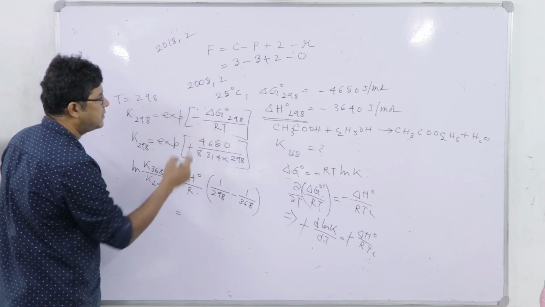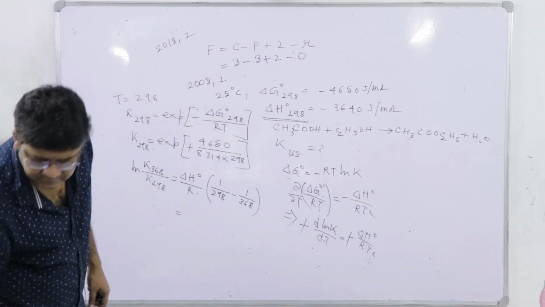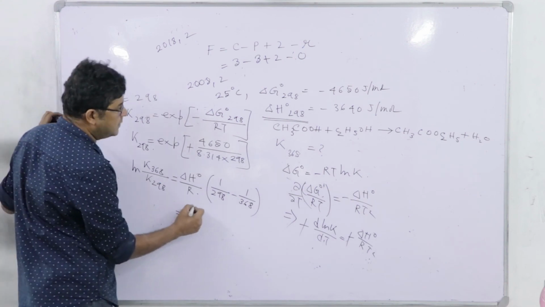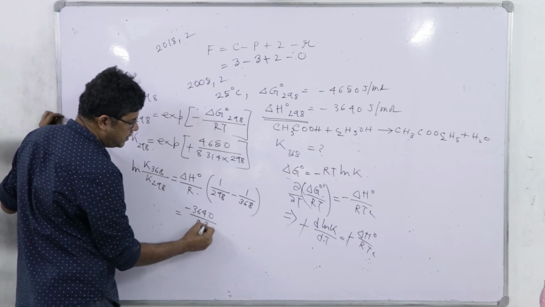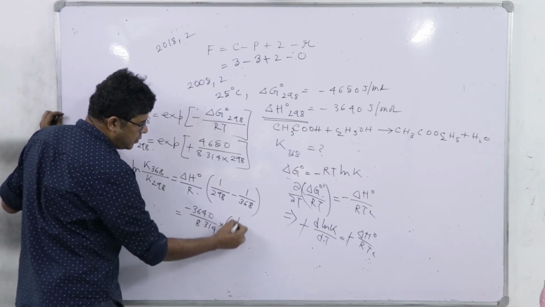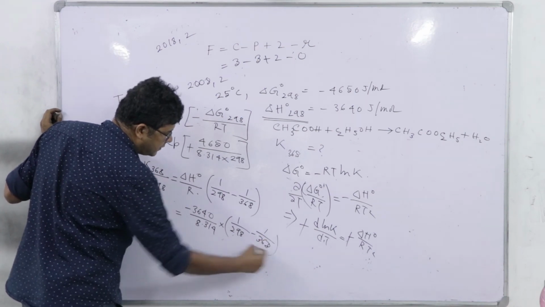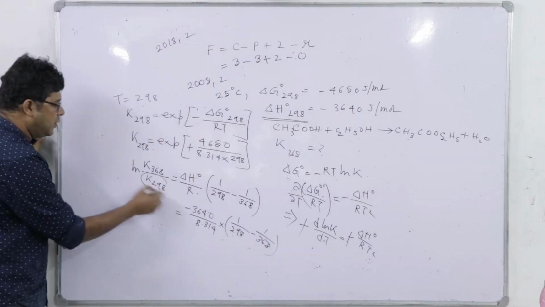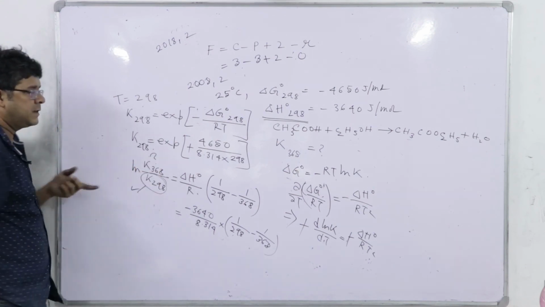It will be plus, right? It is minus, it is given. Yeah, it is plus. So this is minus 3640 divided by 8.314 into 1 by 298 minus 1 divided by 368. As this value is already known, we can solve this one.